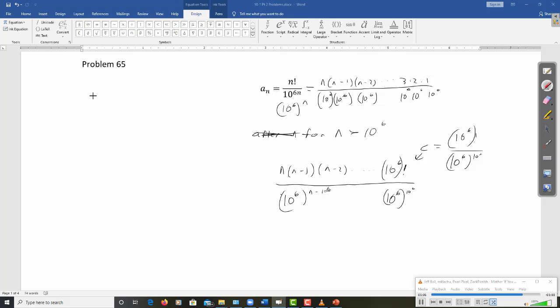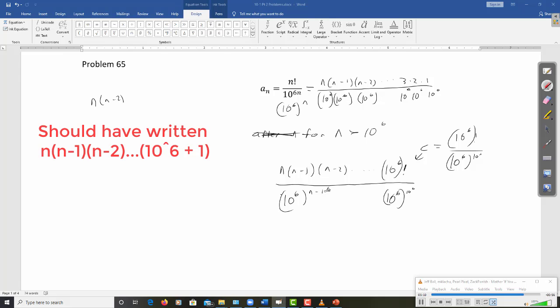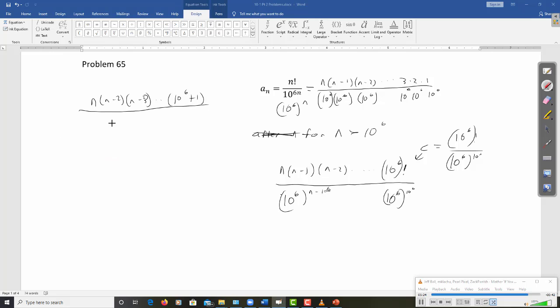Alright, if we look then at that function, n times n minus 1 times n minus 2, n minus 3, down to basically 10 to the 6th plus 1, over 10 to the 6th to the n minus 10 to the 6th.